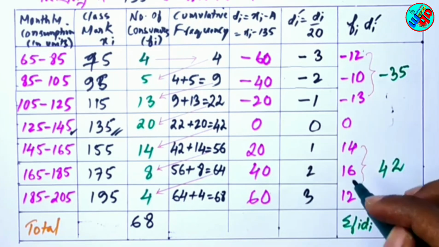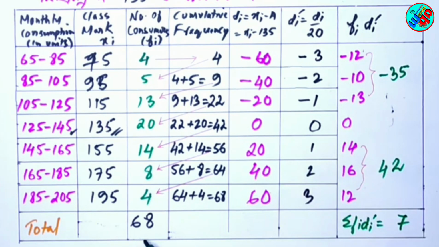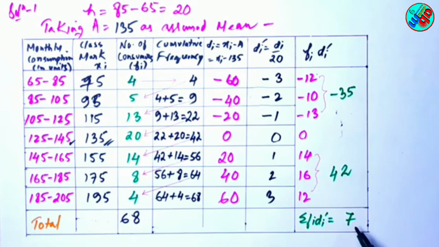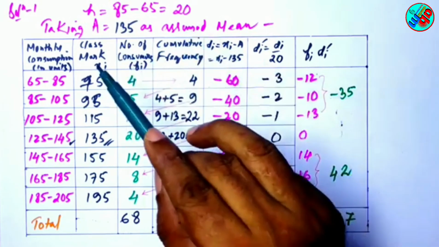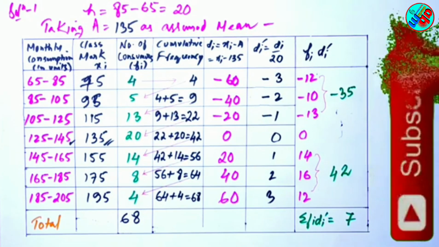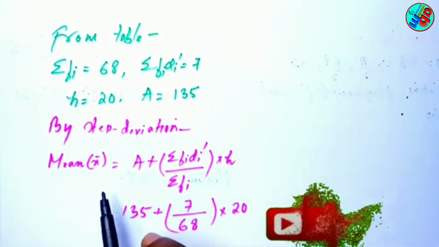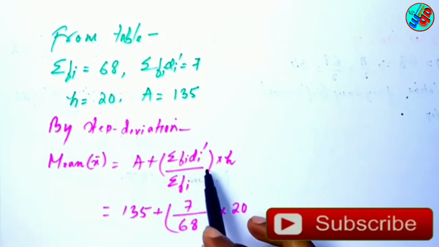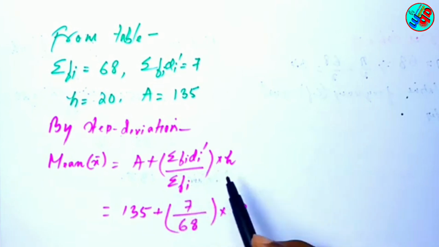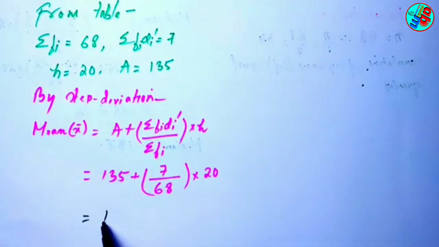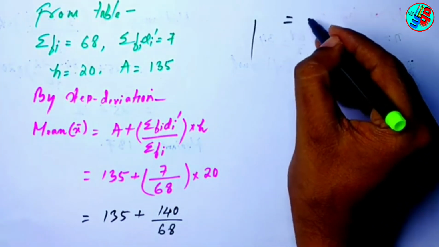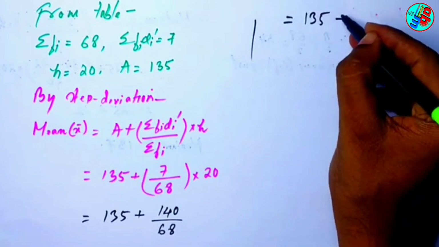Now from this table we have summation fi is 68, summation fi di dash is 7, h is our 20, a is 135. Now let us use the formula to calculate mean. We substitute the values in the formula of mean, a plus summation fi di dash divided by summation fi into h, as 135 plus 7 by 68 into 20, to get 135 plus 7 into 20 is 140 divided by 68, which after calculation we have 140.